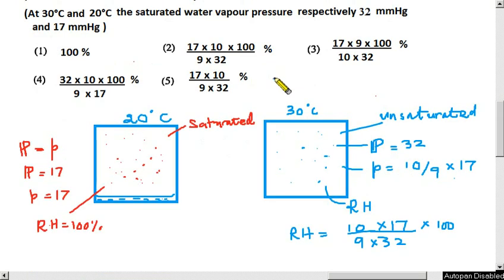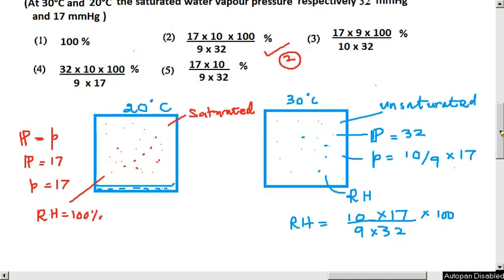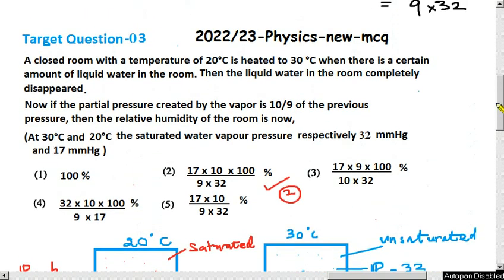Then the answer is 10, 17, 100, 9, 32. This one, the second one. Easy, right?